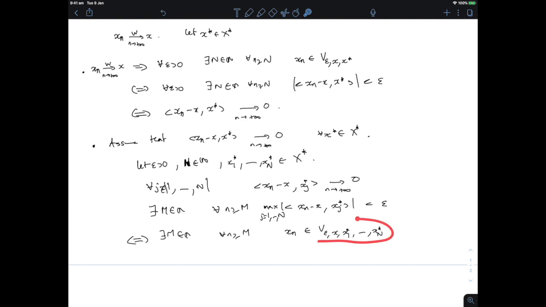So for any arbitrary choice of neighborhood that generates my topology, x_n end up in that neighborhood for n large enough whenever this holds. So this concludes the proof of that lemma, which tells us that weak convergence really is the same as the convergence of all these sequences of real numbers when you test against an arbitrary functional in your dual space X*.